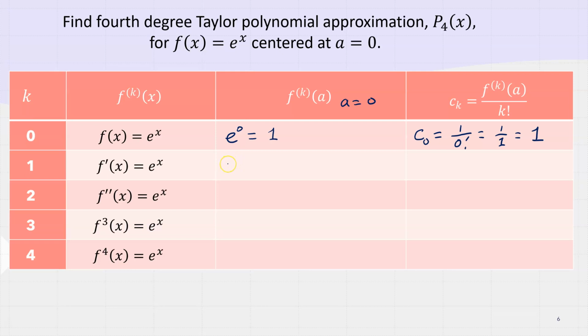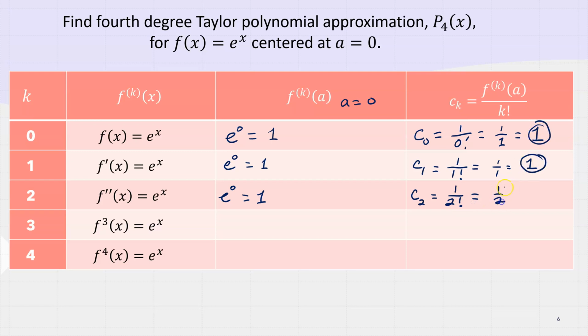All right, first derivative evaluated at 0 is 1. So then c1 is going to be 1 over 1 factorial, and 1 factorial is 1 also. So you will have 1 over 1, which is 1. e to the 0 is 1, and so c2, the second coefficient, is going to be 1 over 2 factorial, which is 1 over 2.